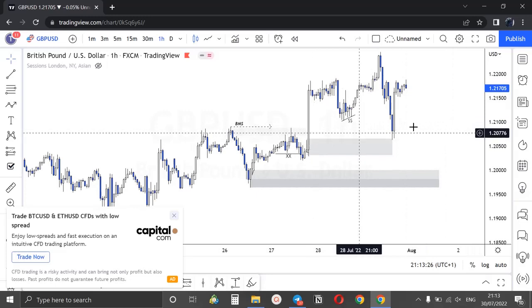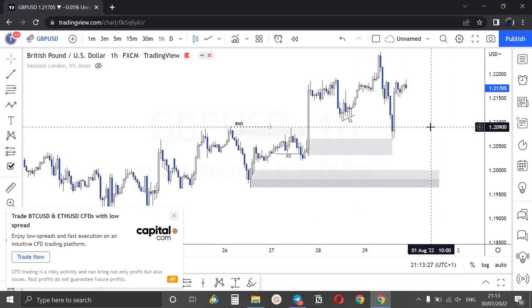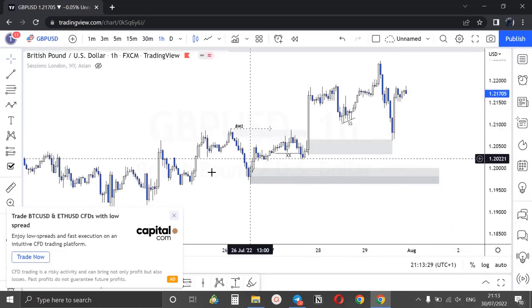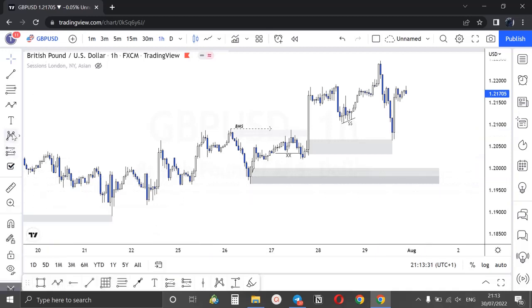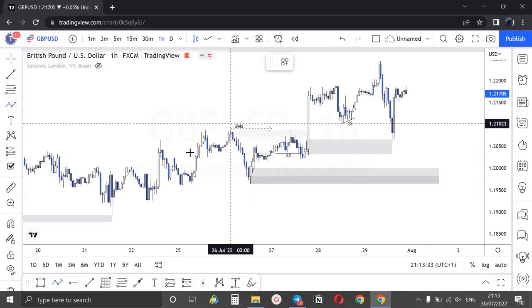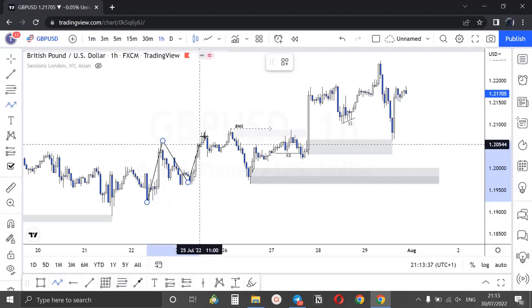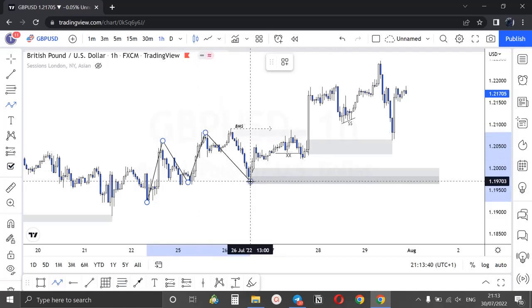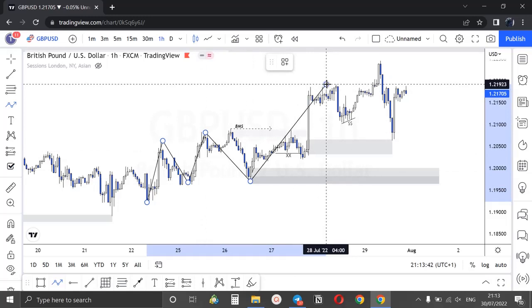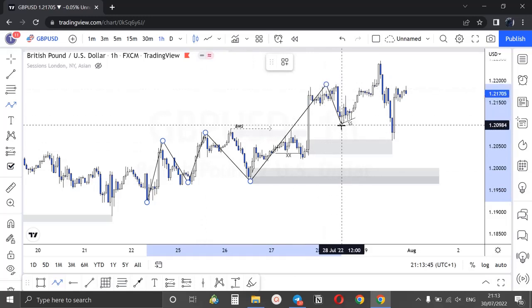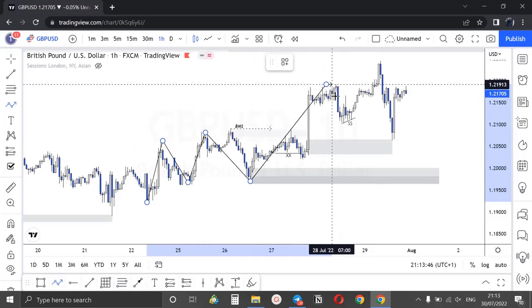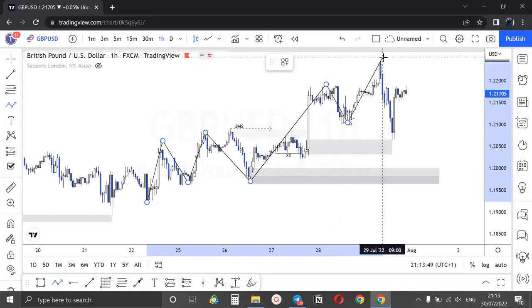So right from this 1 hour time frame, what can we see? You can see price is really trading bullish. We have high, low, high, low. We created this high, created a low, had a high.